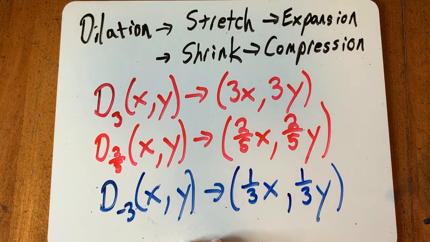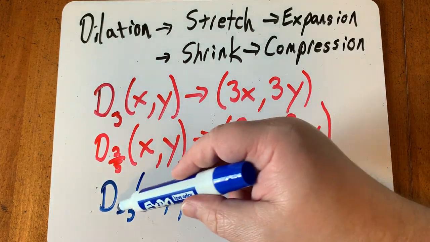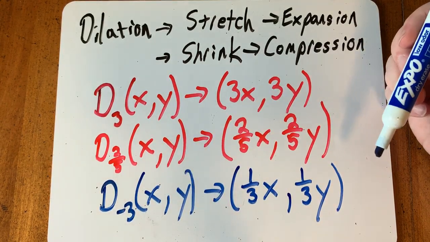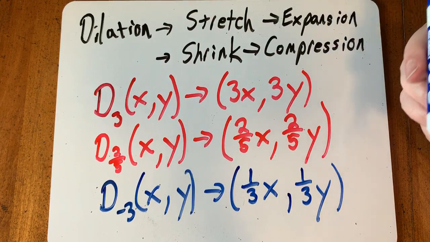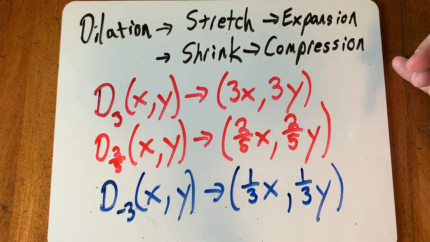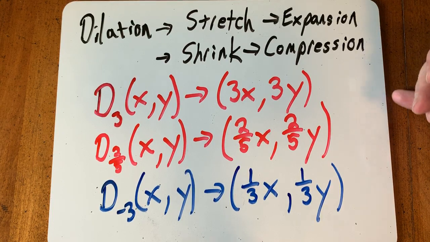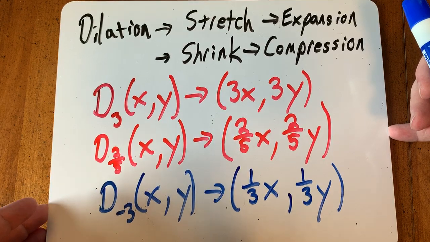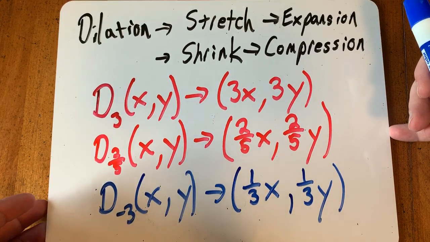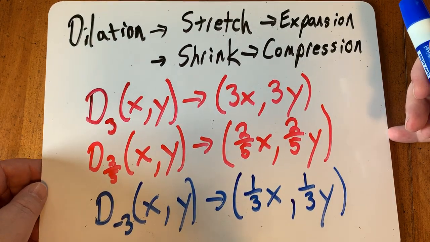So just to let you know, if next year on MCAS you see this, they ask a dilation of a negative value, they're really looking for a compression. It's wrong. It hurts me to show you that, but I need to warn you for the mistakes that are made that you might encounter.